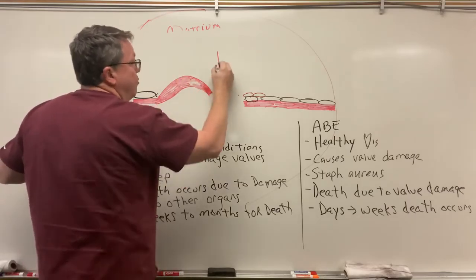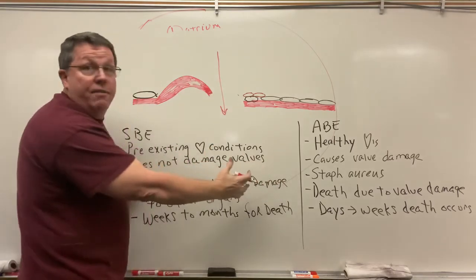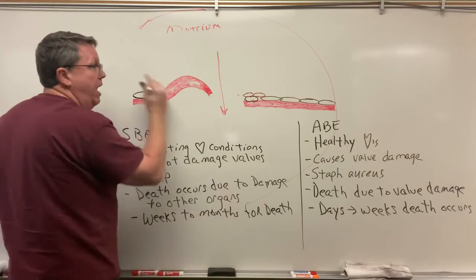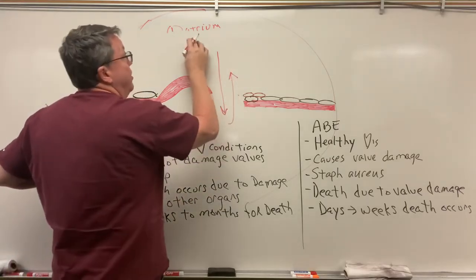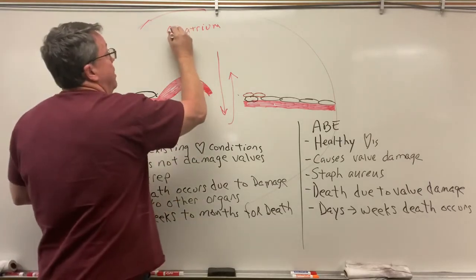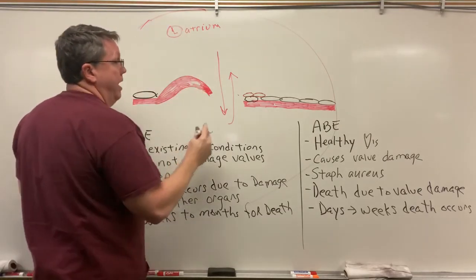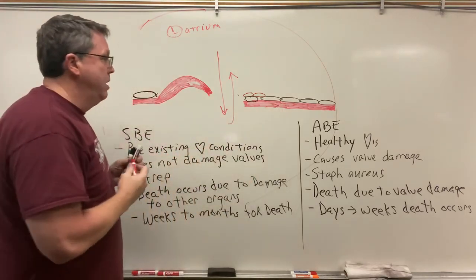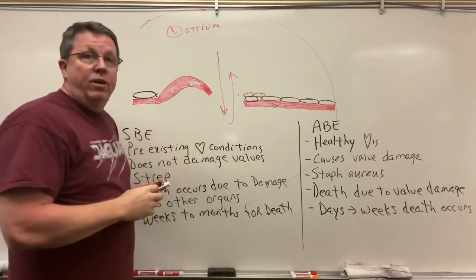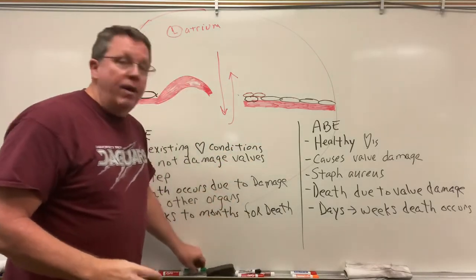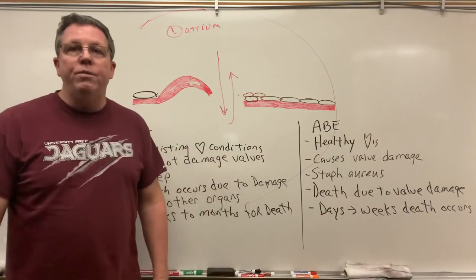So now when the blood comes from here and it goes into the left ventricle and the left ventricle pumps, instead of that blood going out to the body, it can go back up into the atrium. And this can happen on the right side. I just have left side right here. But it can happen on the right side too, okay? And that's basically what's going to happen in acute bacterial endocarditis. So you can see this one's going to be a lot more deadly because it just keeps growing and destroying the valves. So that's it for endocarditis, and I hope you enjoyed the video.